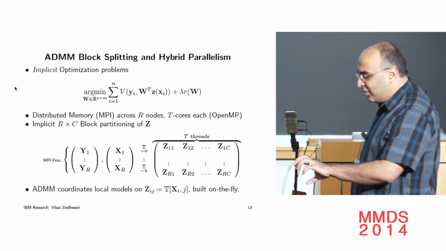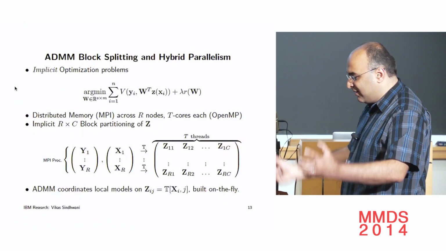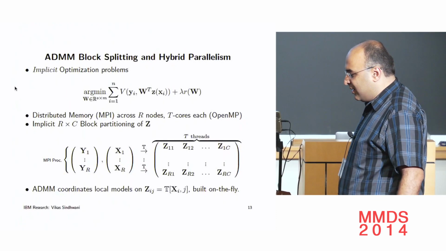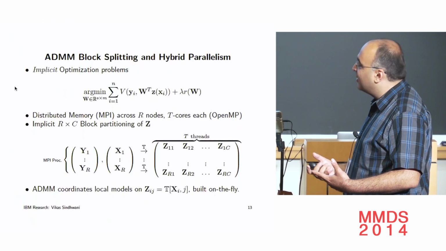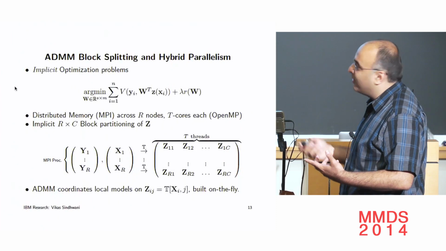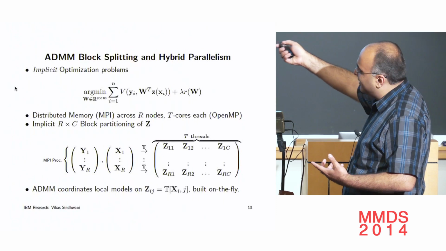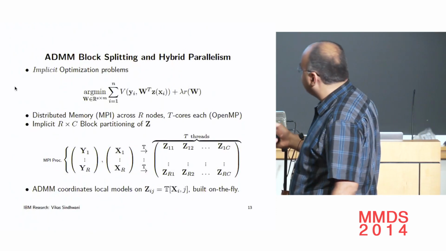And now that thread is going to build a local model, and these models are going to coordinate with each other in an ADMM framework, and therefore solve the problem. And the key is not to materialize the z explicitly, but do it on the fly.